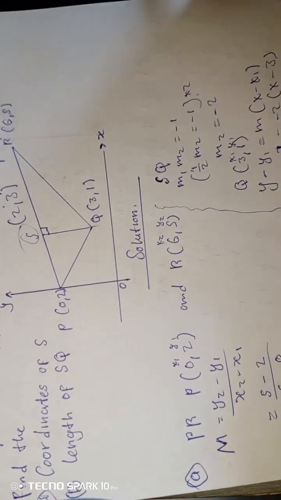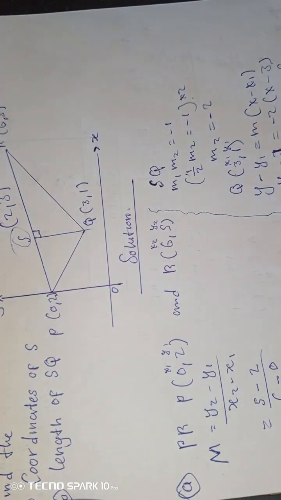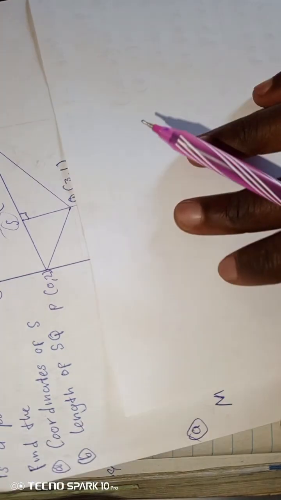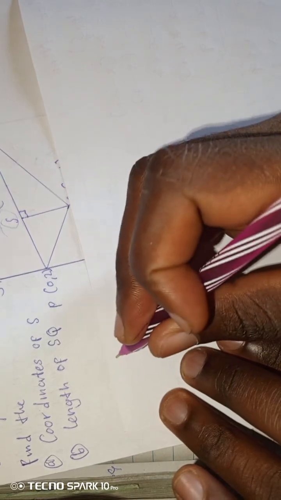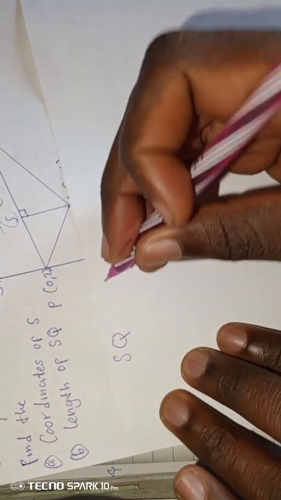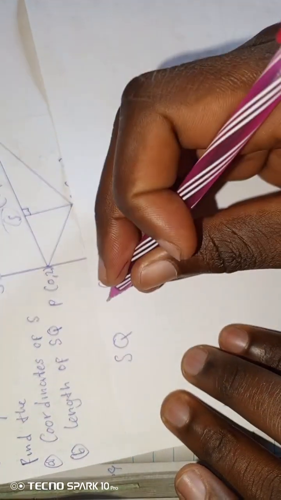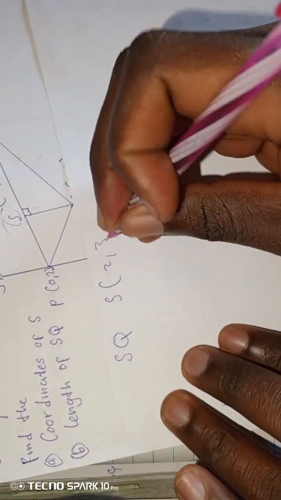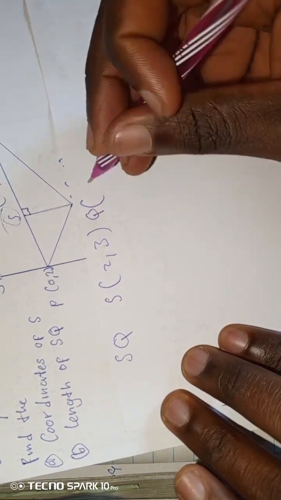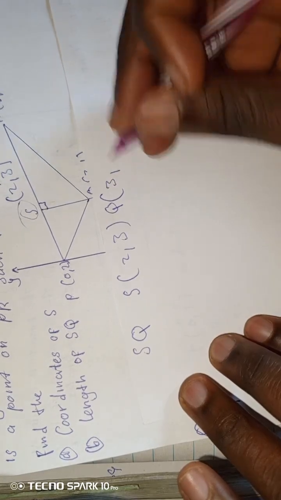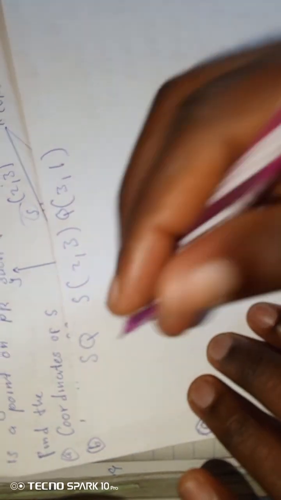And here now, the second question said, find the length of SQ. Very easy here now to find the length of SQ. So in order for us to find the length of SQ, we know that the coordinates for S are 2, 3, and for Q we know that it's 3, 1. So here we just use the distance formula.